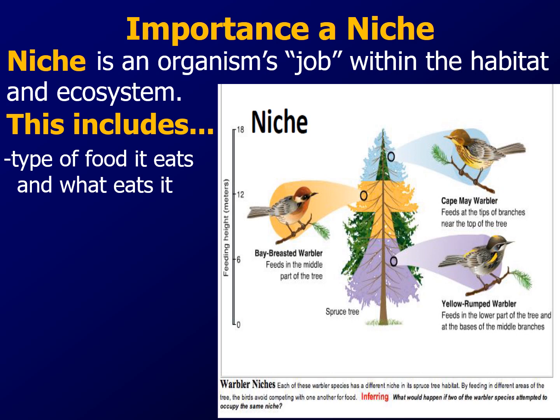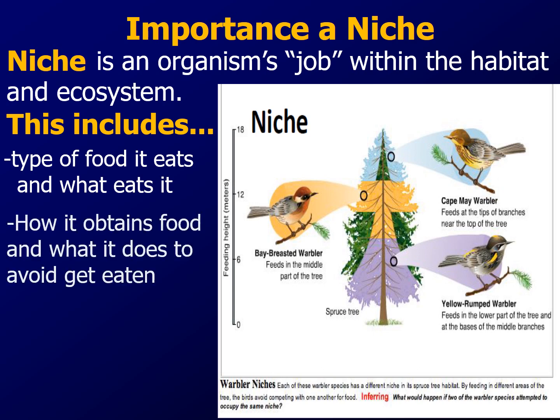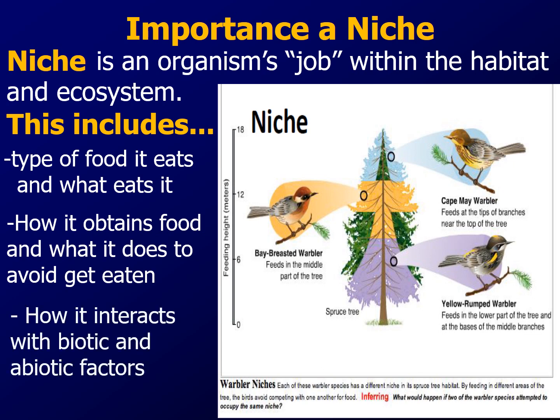Two, its structural, physiological, and behavioral adaptations that allow it to survive in its habitat, which simply means how does it obtain food and what does it do to provide shelter and protection to avoid getting eaten. And finally, how does it interact with other biotic factors and the abiotic factors in its environment?